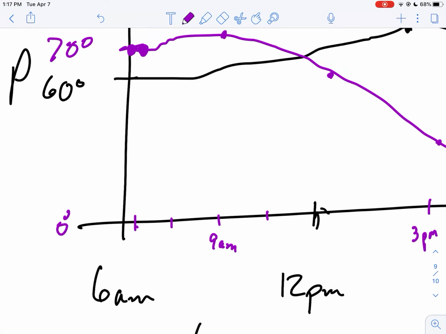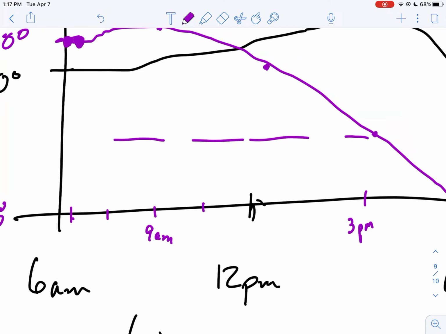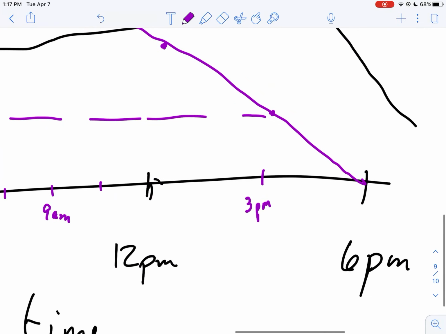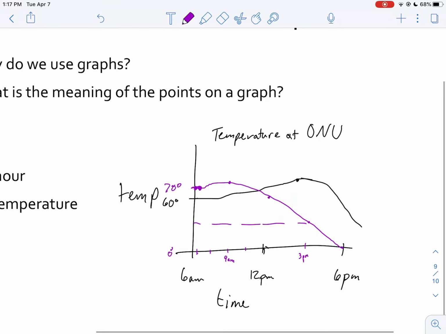At 3 p.m. we have a temperature, let's say that this is 30 degrees. And so you can see how each point is connecting time and temperature. Every single point on this graph tells me a time and a temperature.